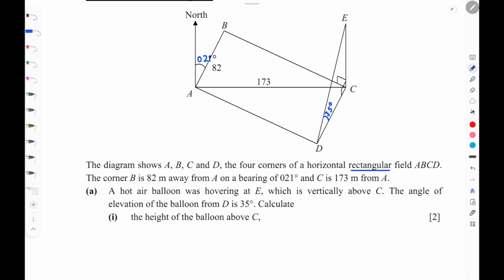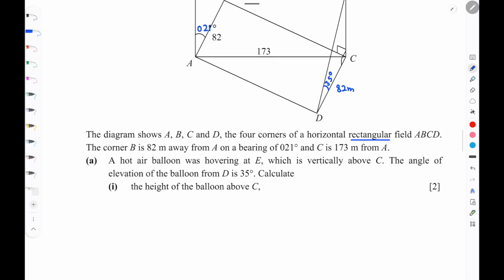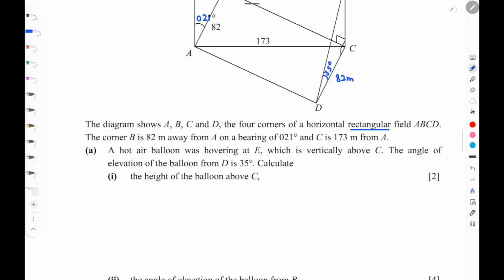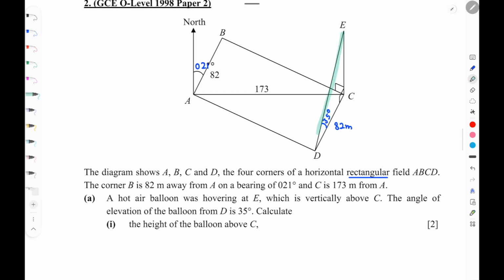Okay, so since this is a rectangle, I know this is 82 meters also, because the other side is 82 meters. Okay, find the height of the balloon above C. Okay, so I will actually use this triangle over here.